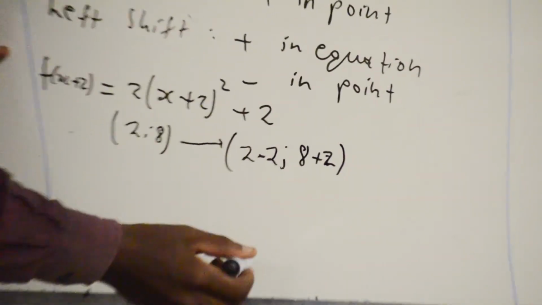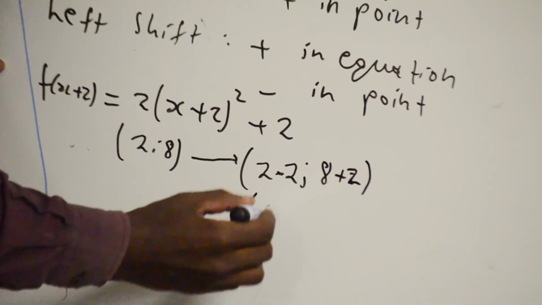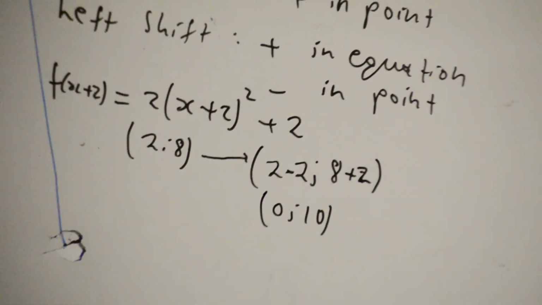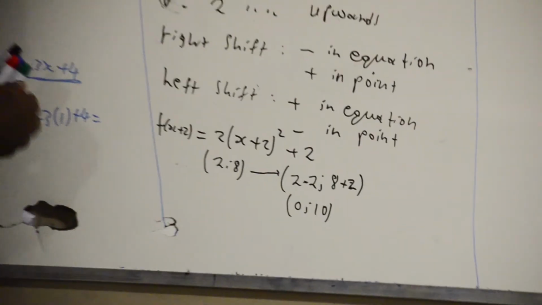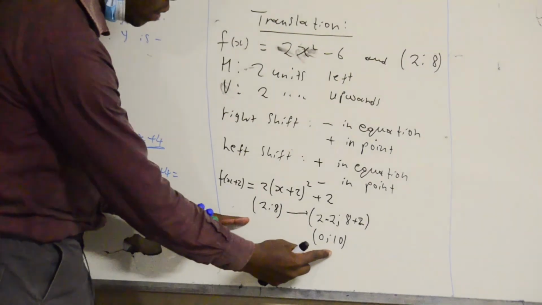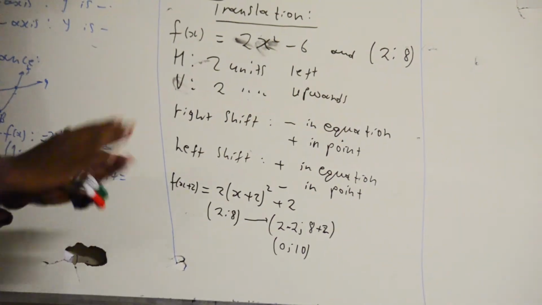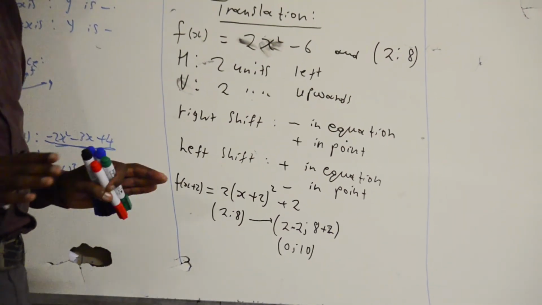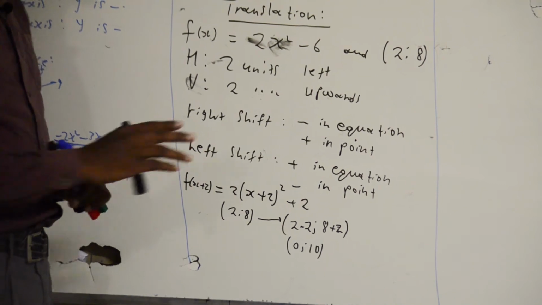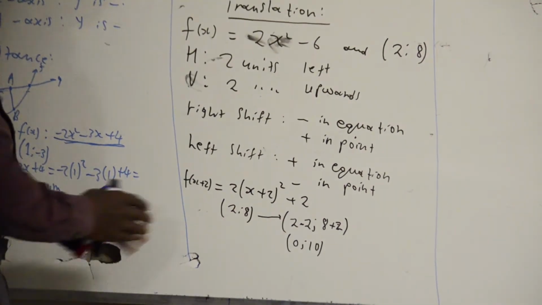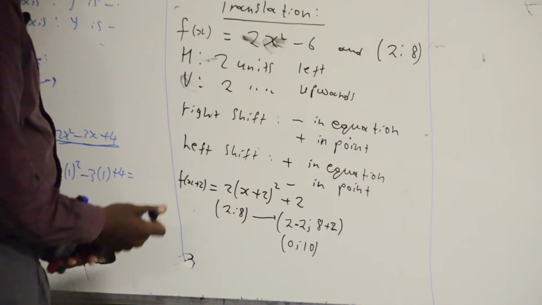So my new point is 0 is to 10. That is my shift. So this is how I do it on the point, and this is how it happens on the equation. Whether you are given a hyperbola, a parabola, or an exponential, you do it this way. So this is the food we need when we go this way.